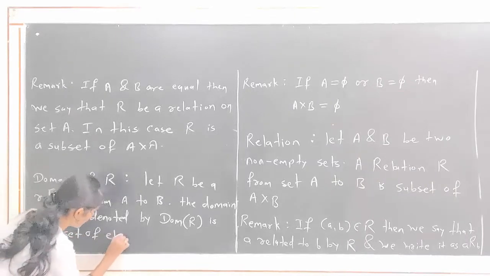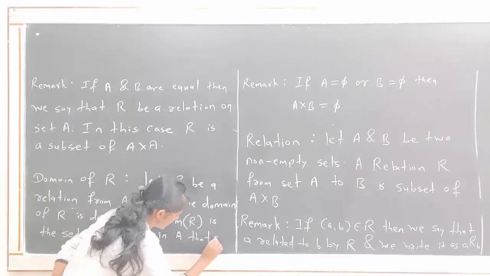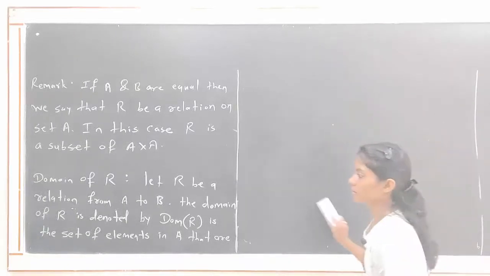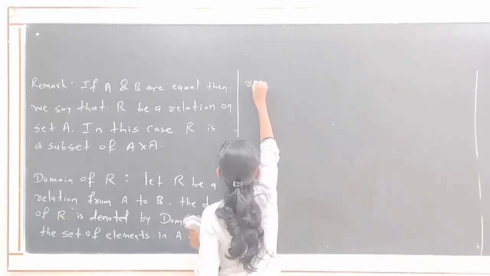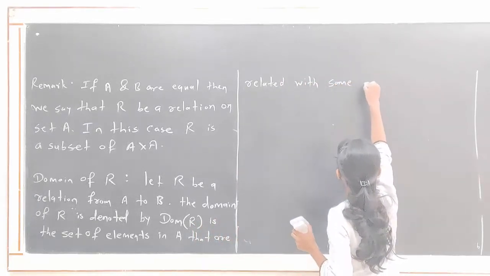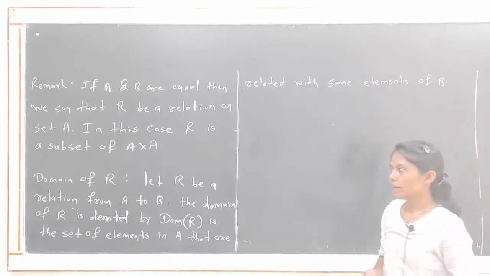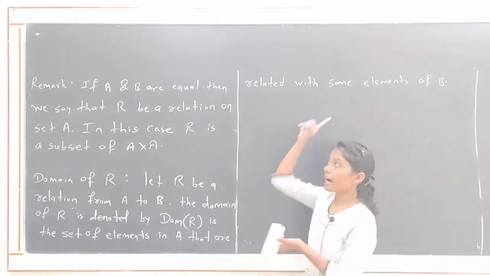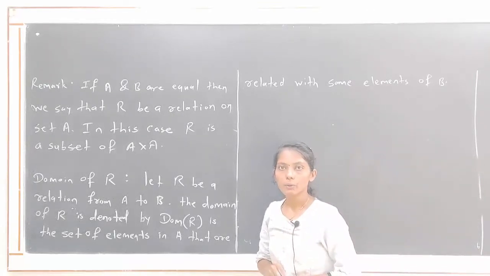Domain of R is the set of elements in A that are related with some elements of set B. Okay, so domain of relation R is the set of elements in A that are related with some elements of B. Okay, so this is called the domain.